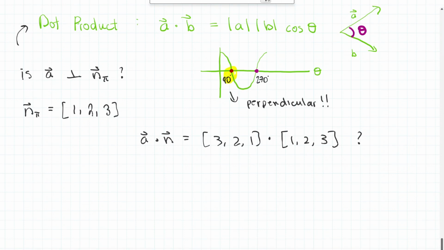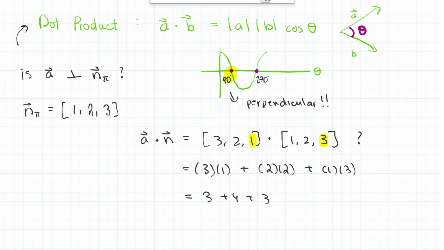We can get the dot product here by doing 3 times 1. So that's the first one times the first one, okay? And then we're going to add the multiplication of the second term in the first times the second term in the second. So we've got 2 times 2. And then lastly, we're going to multiply the third terms, so plus 1 times 3. And what does that give us? It gives us 3 plus 4 plus 3, and this equals 10.